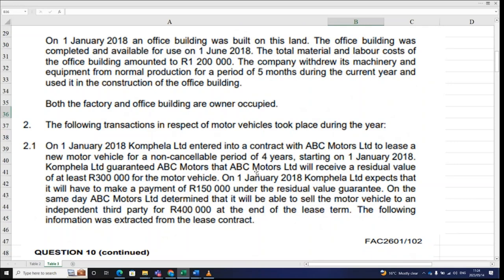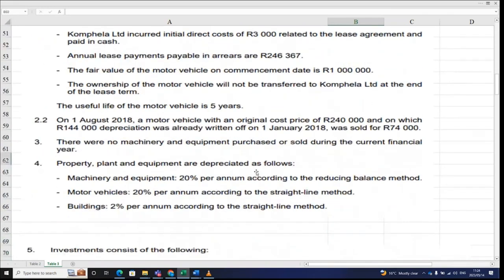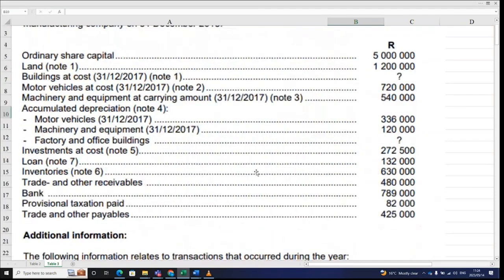Okay. So in our case here, it was for a period of 5 months, so we need to get the depreciation of that equipment. And they say that this equipment depreciates at 20% per annum according to the reducing balance method. So starting here, they give us the machinery carrying amount at 540,000.